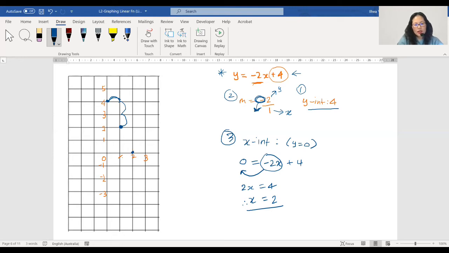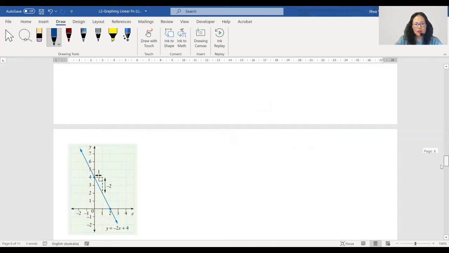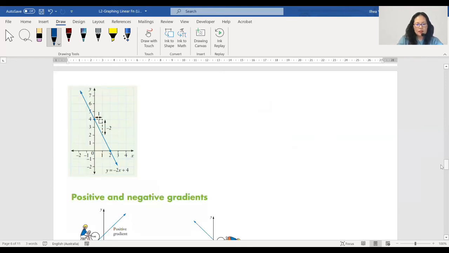So then I could actually sketch it, join them together, straight line, not like what I've done. And when you do that, it'll be like this. And again, this is what we did, didn't we? We went to the right by 1, down by 2. So make sure you have that.